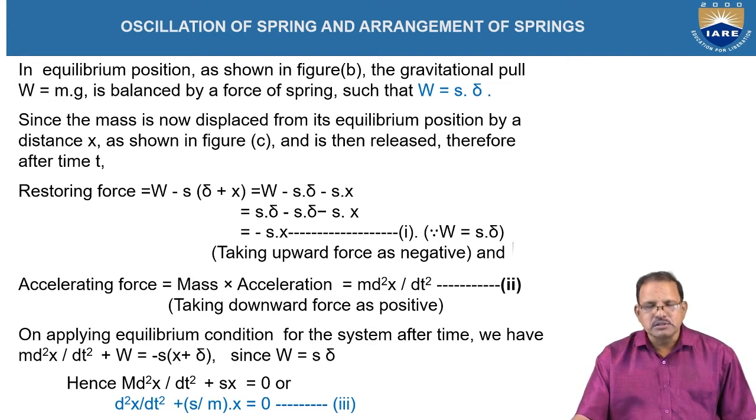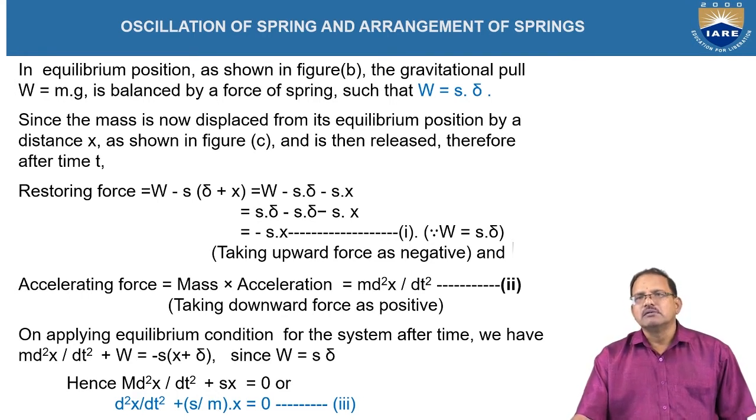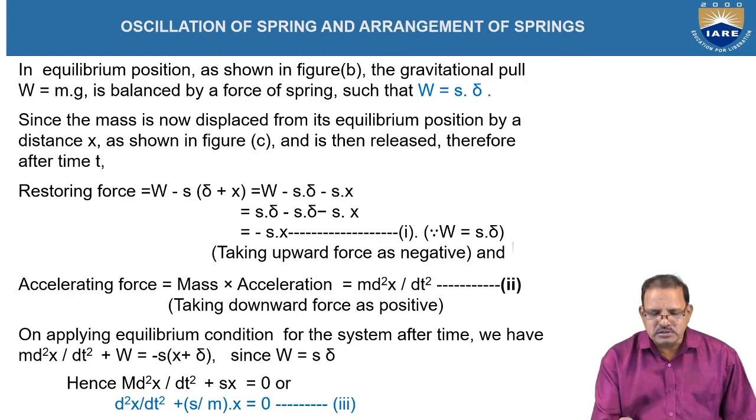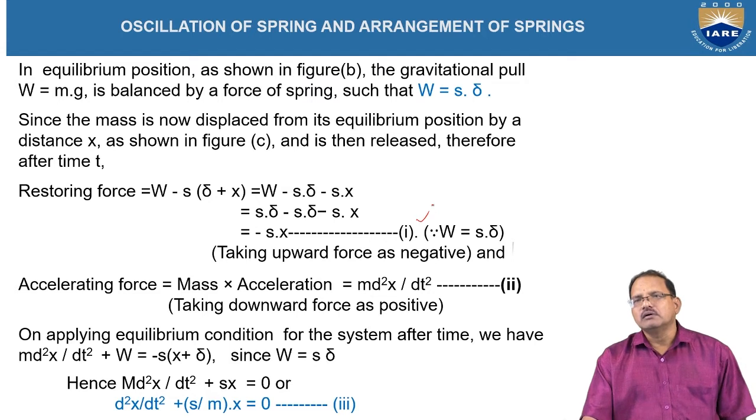The restoring force is acting upward, hence minus S into delta plus X. But W is again equal to S into delta according to static equilibrium. Hence, on simplification, the restoring force is minus S x, which is shown in equation number 1.